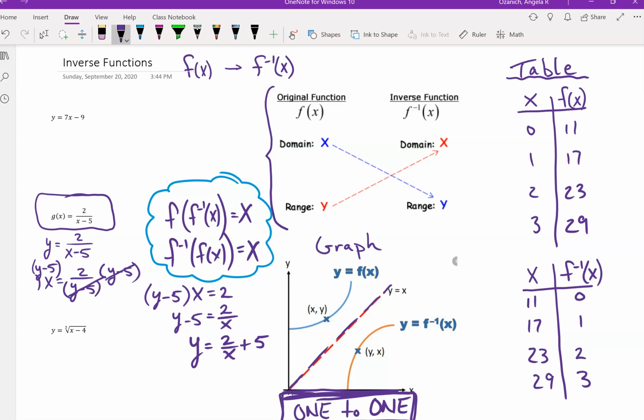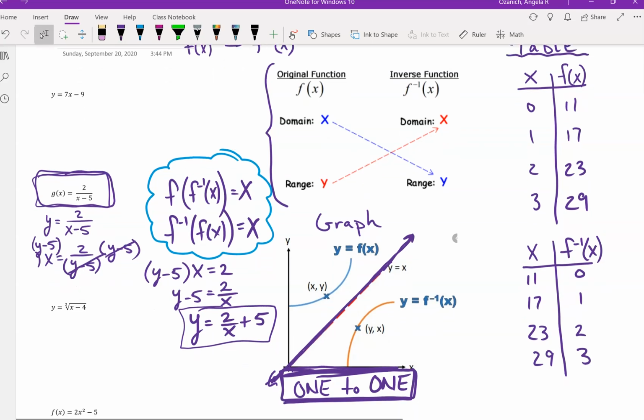And what we want to see, and you can try this in your graphing calculator, is that if you graphed this function and then you graphed this function, they should be reflections of one another over the line y equals x, right here. That's what you should be seeing.